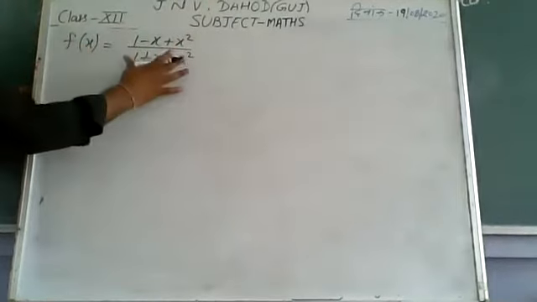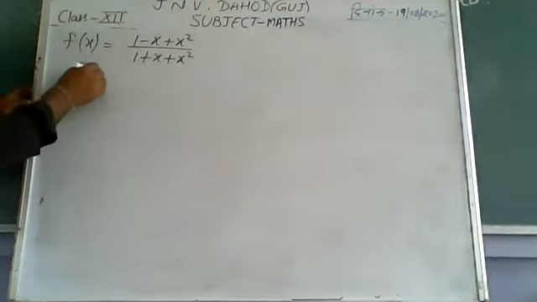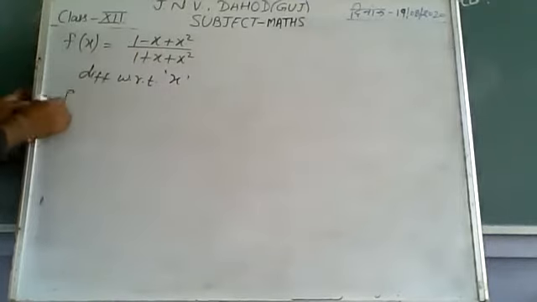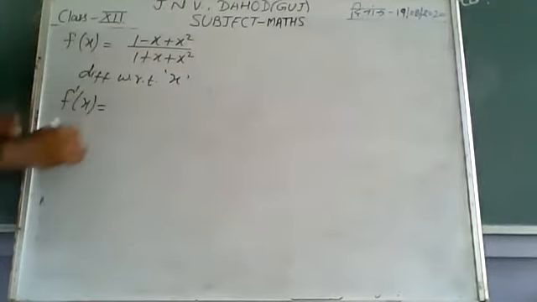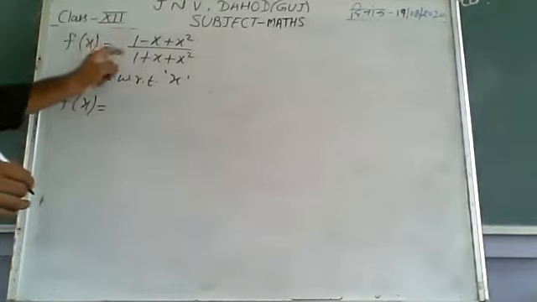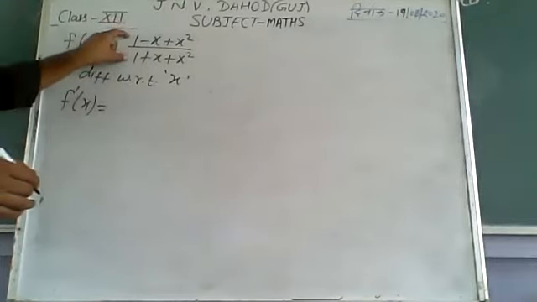So first of all, as there is only one variable, differentiate with respect to x. So f dash x is differentiated with the method of quotient rule. There are two polynomials which are in the ratio.